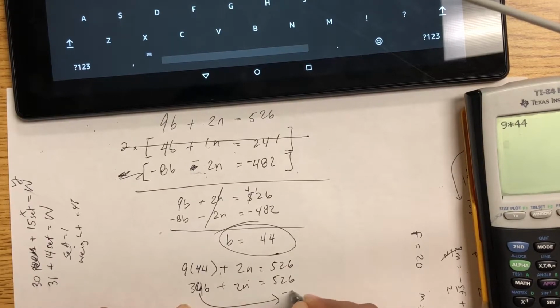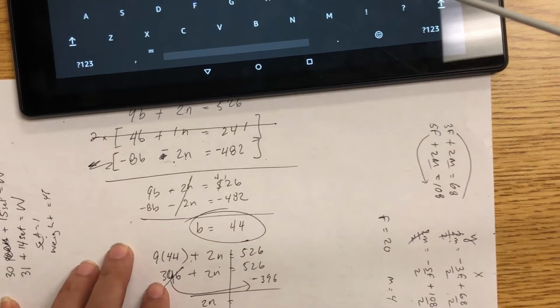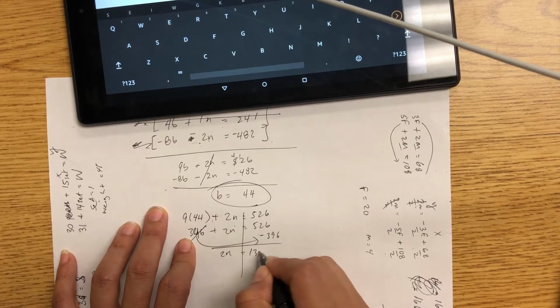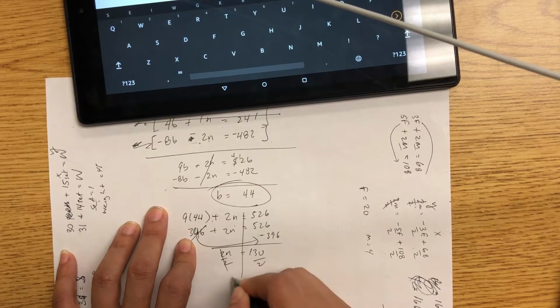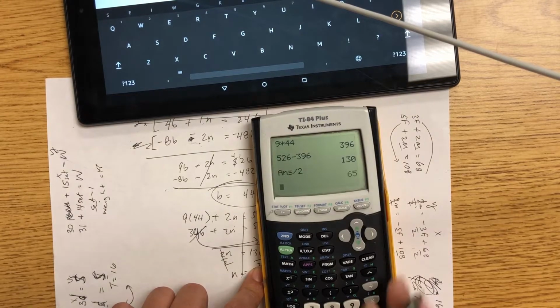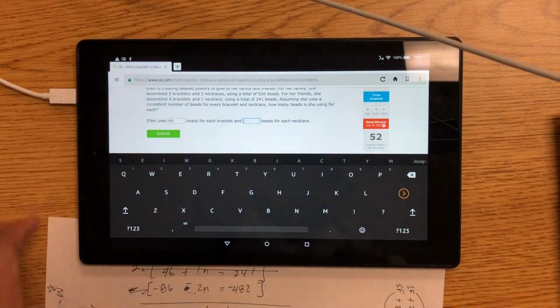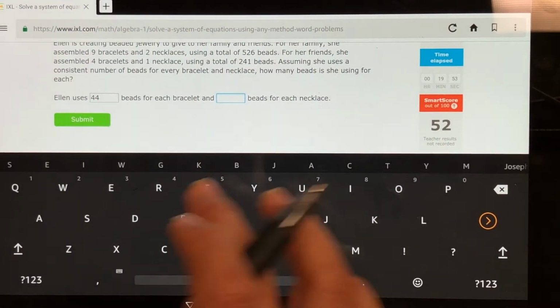Take the 396 to the side, it's going to become negative. That goes away, so you got 2n equals 526 minus 396, which is 130. Divide by 2. n equals 130 divided by 2, which is 65. So 44 and 65.